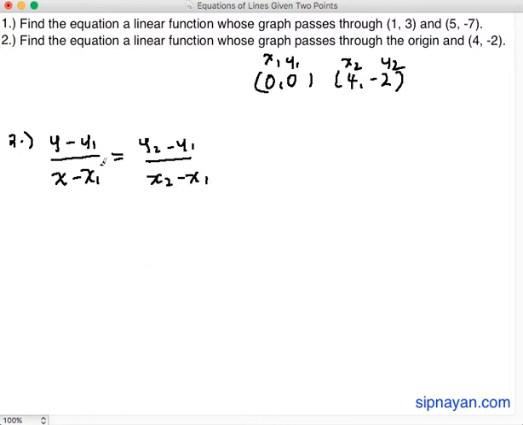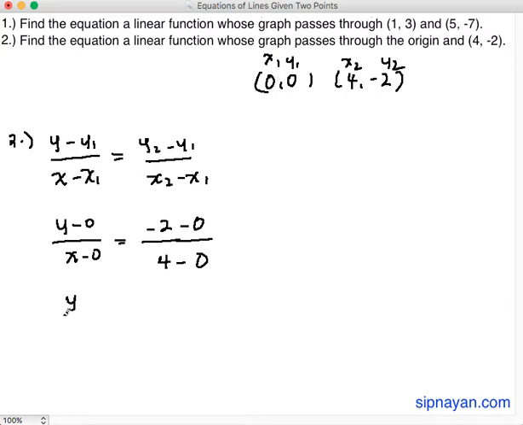Substitute, we have yung x sub 1, y sub 1 natin, 0. So y minus 0 over x minus 0 is equal to y sub 2, which is negative 2, minus y sub 1, which is 0, over x sub 2, which is 4, minus 0 also, yung value ng x sub 1 natin.